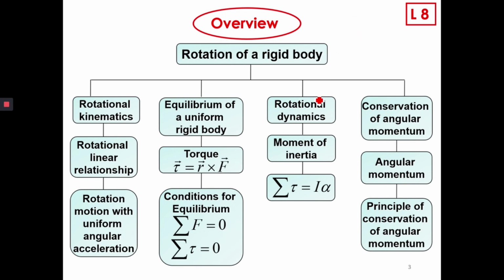Third, rotational dynamics. We're going to learn about moment of inertia, where the formula is the summation of torque equals I alpha. And the last part will be conservation of angular momentum, where we're going to learn what angular momentum is and the principle.